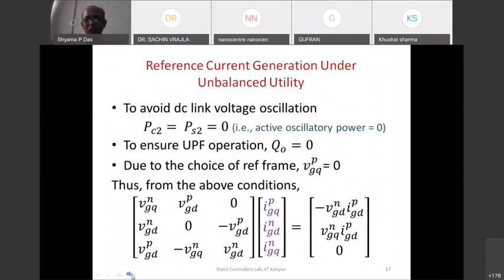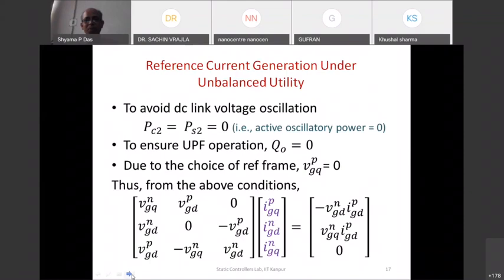The 4 currents: 2 currents are for the positive sequence component, 2 currents are for the negative sequence component. So the currents which we have to evaluate are VGD, P on the right hand side, and then the variables in the left hand side, VQ, VG, QP, VGDN, and VGQN.